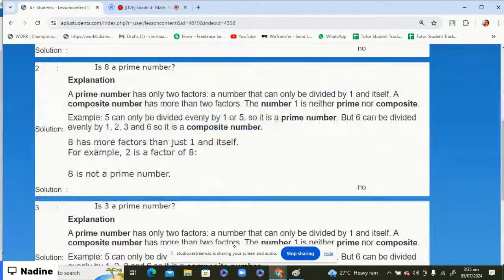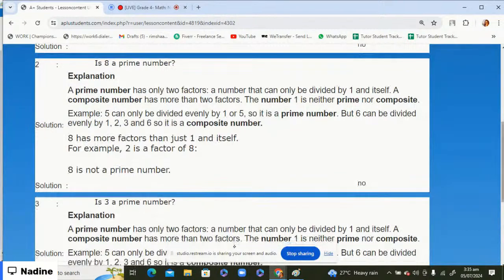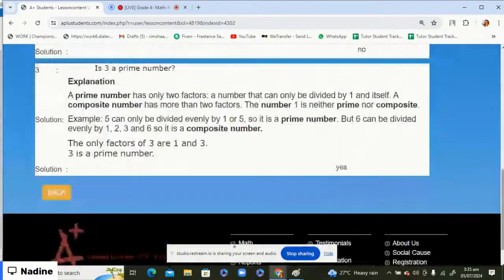Is 8 a prime number or composite? 8 has more than two factors, so 8 is not prime, it is composite. Is 3 a prime number? Yes, because 3 has only two factors.